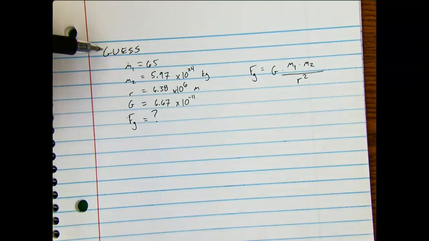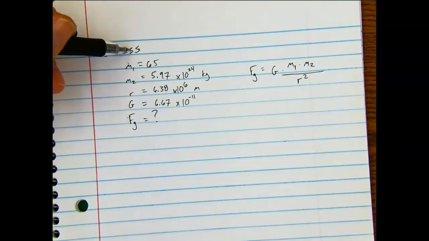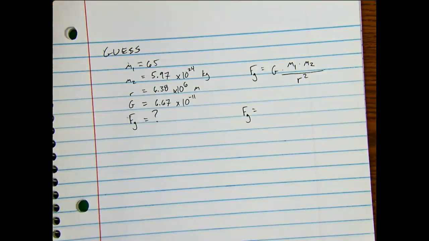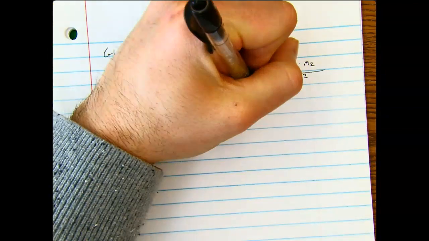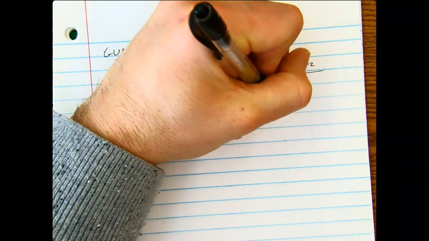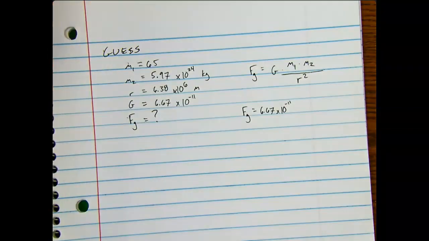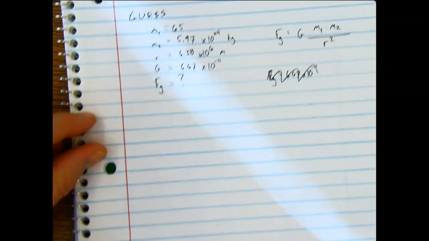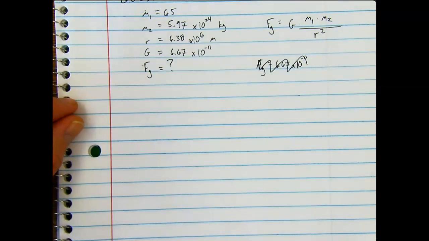So I have my given, my unknown, my equation, and now I'm going to start substituting my numbers in. So substitution, just going to plug in some of the numbers that I was given. So G, 6.67 times 10 to the negative 11. You know what? I'm just going to move this over here so we have more room on the paper.